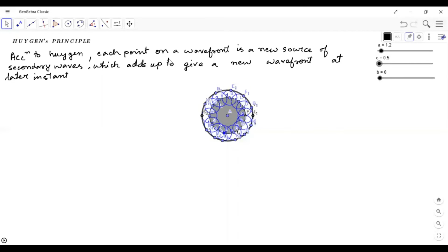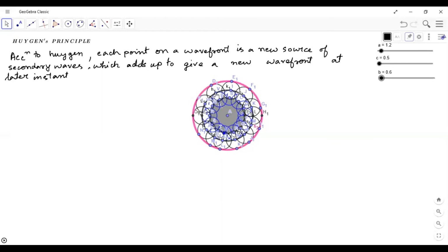Again, we are going to use this Huygens principle. We have considered a few points over this new wavefront, and these points will again behave as point sources, emitting light in all directions uniformly. As a result, these points will have their own wavefronts, because they will also be emitting light in all directions.